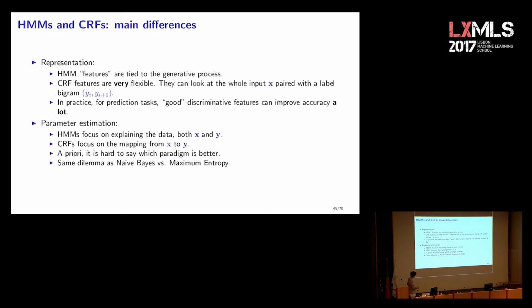Another thing is parameter estimation. So that's representation; another thing is parameter estimation. HMMs learn the generative model, so they model both X and Y, while CRFs model the mapping from X to Y. So this distribution contains this one somehow. Which is better, one or the other?